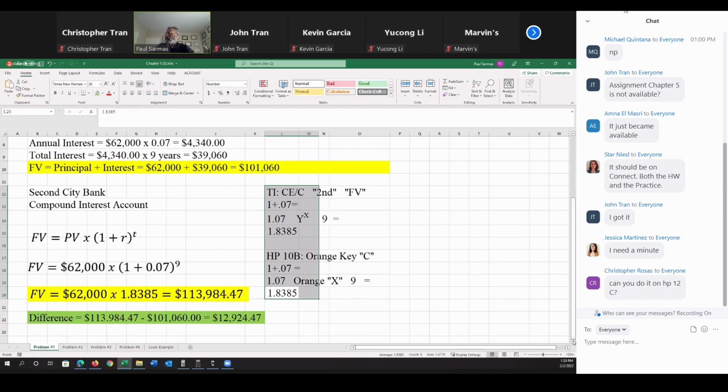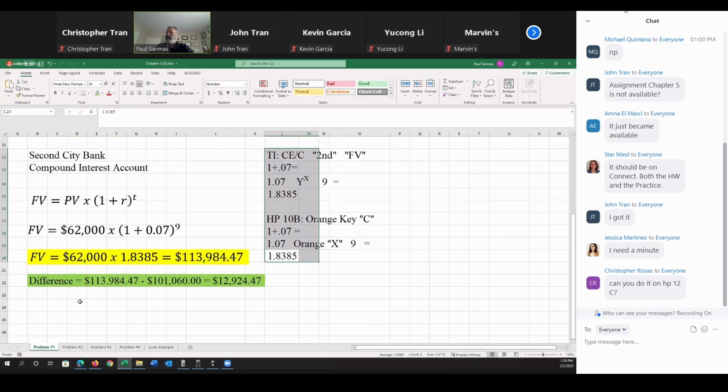I mean, some of you had a scientific calculator, and I said that doesn't work. Well, the scientific calculator could have done that calculation. But the reason you paid extra money out of your pocket to buy the financial calculator is for this. Financial calculator.